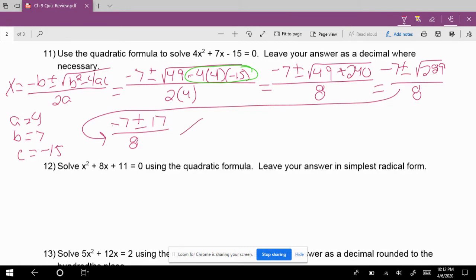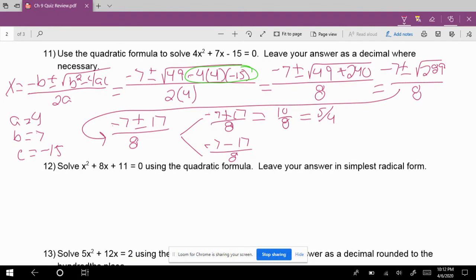Okay, from here we branch into our 2 answers. You have that plus minus. We've got 2 answers. So look at negative 7 plus 17 over 8 and negative 7 minus 17 over 8. Because that's where that plus minus comes into play. So simplify this top one, and that becomes 10 over 8, which is 5 over 4.